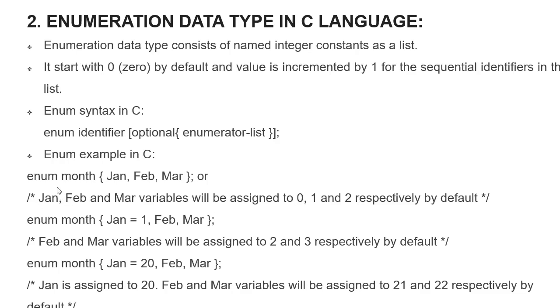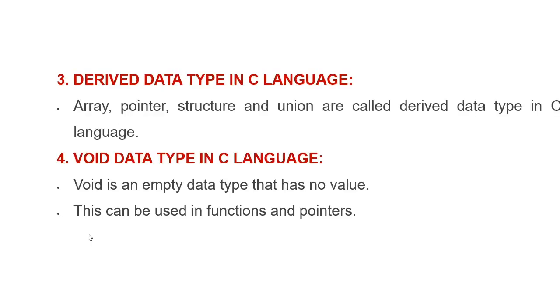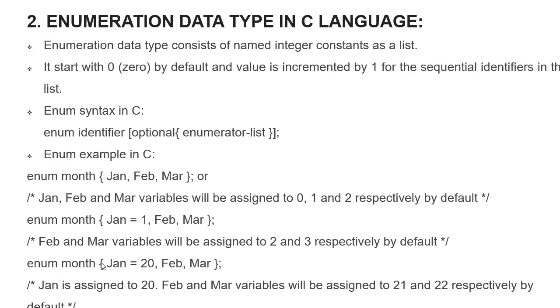In the second example, January is assigned 20, and February and March will be assigned 21 and 22 respectively.